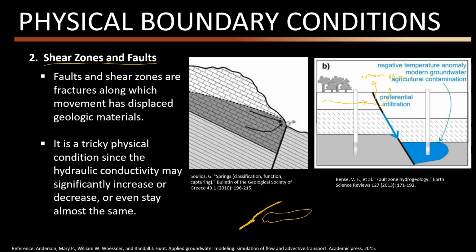For example, in this figure, it seems that the groundwater moves like this, but this is an impermeable layer which can be modeled as a no-flow boundary condition, and it forces the water to go up and creates a spring here, at which the head is 0, right?